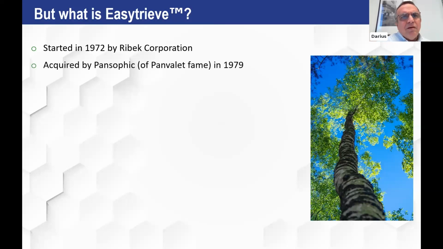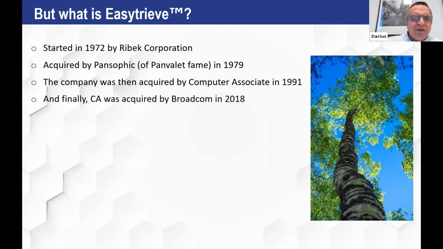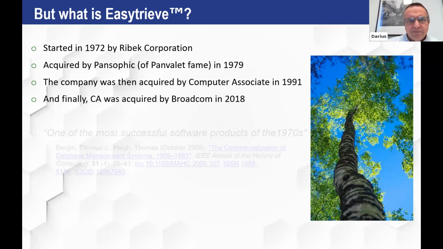It got acquired by Pansophic, a fairly famous company that developed Panvalet, which you could describe as GitHub from the 80s. It was the version control system that everybody used on the mainframe back in the day. It got acquired by Computer Associates in 1991, and Computer Associates was acquired by Broadcom in 2018, and here we are.